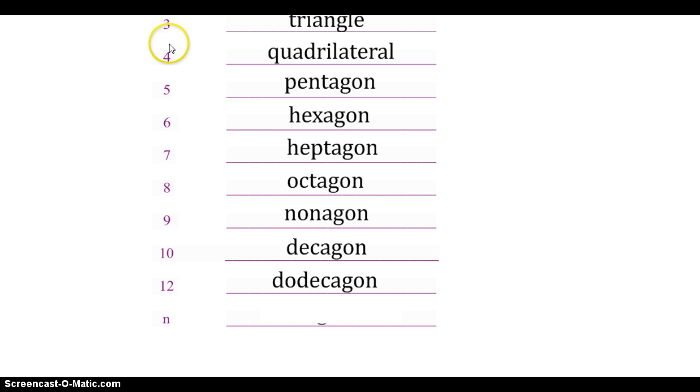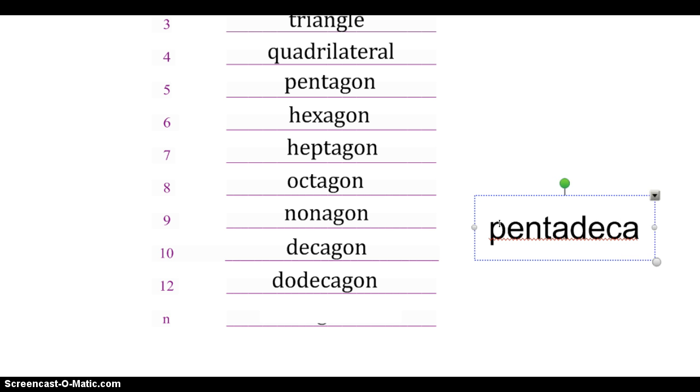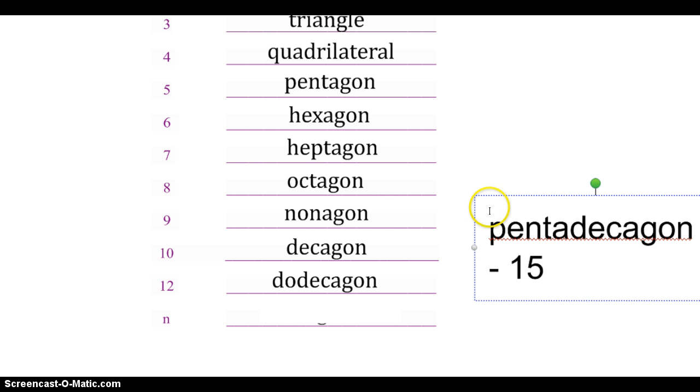We call that a pentadecagon, which is 15 sides. The textbook uses pentadecagon a lot, but other than that, you just have to be able to pick them out, or possibly if I said what's the name of a 7-sided figure, you would need to say heptagon. If it is anything besides these, we just call it an n-gon.